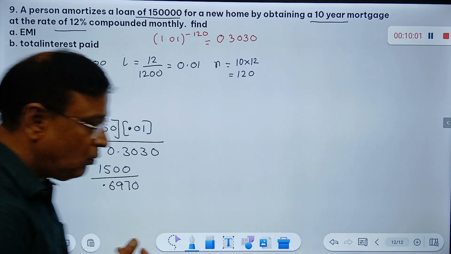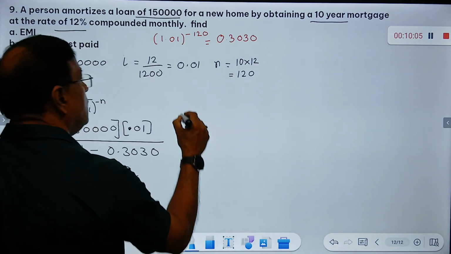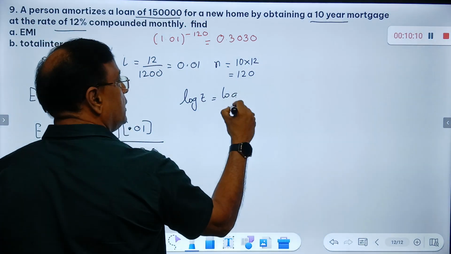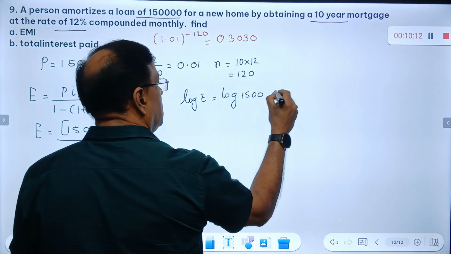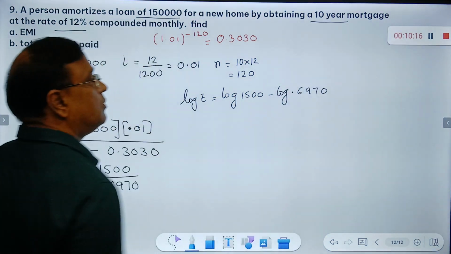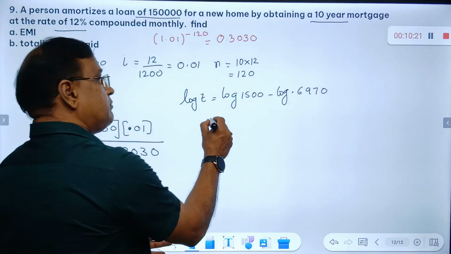Okay, now what should I do? I have to take log. So log E equal to, we'll go slowly. This is log of 1500 minus log of 0.6970. Now what is log of 1500? It's a 4-digit number. So the characteristic will be 3.